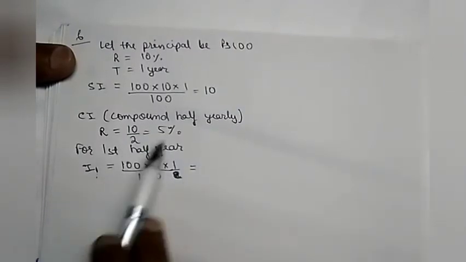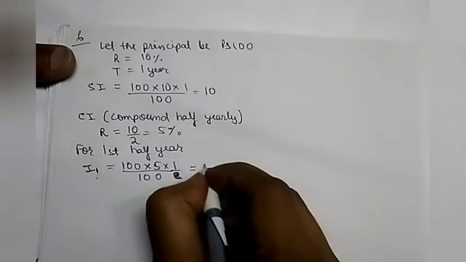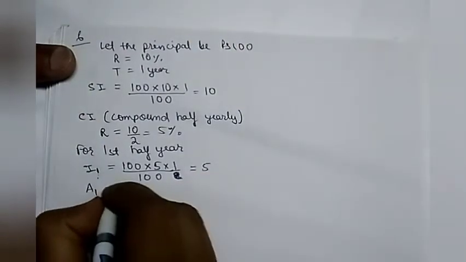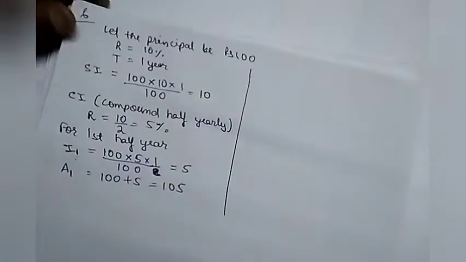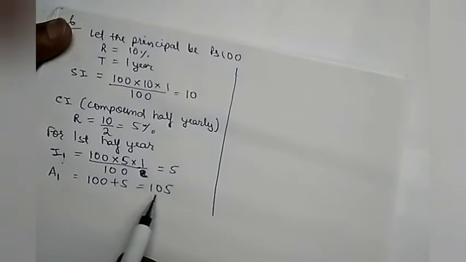Since the rate is halved, we are taking it for the first half year, so time will be 1. So it will come to rupees 5. Then the amount for the first half year will be equal to 100 plus 5, that is equal to 105. Now this will become the principal for the second half year.